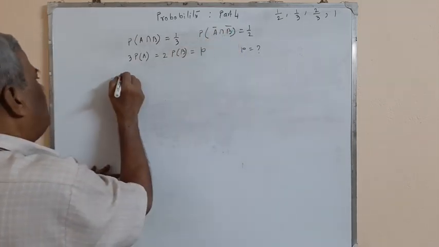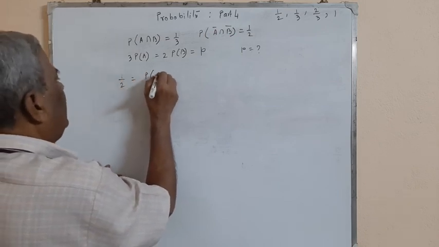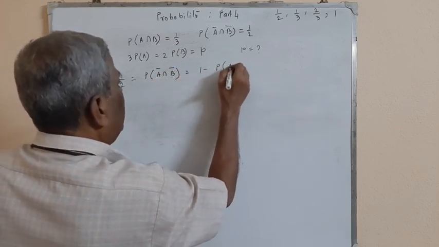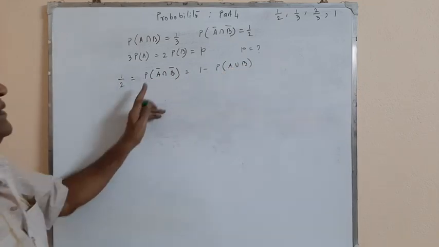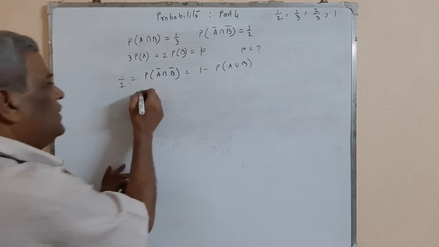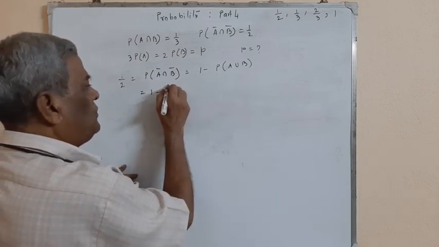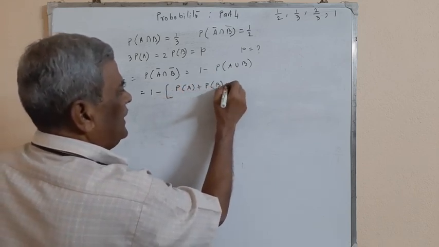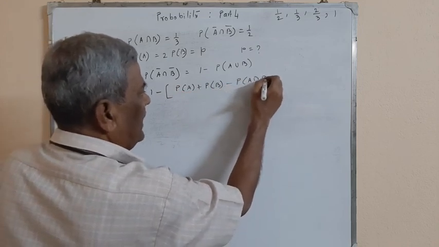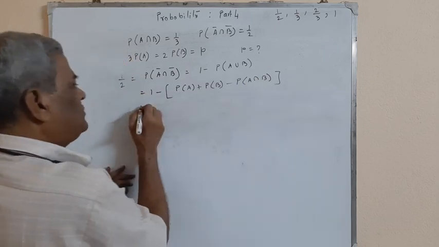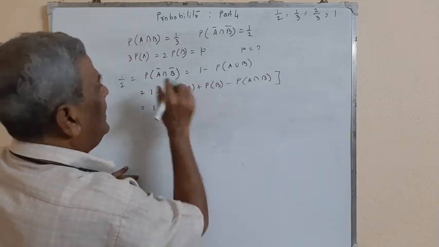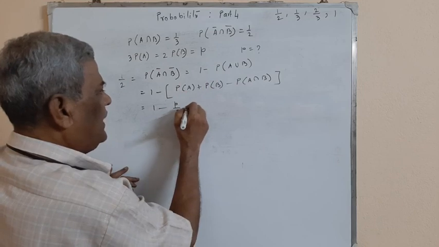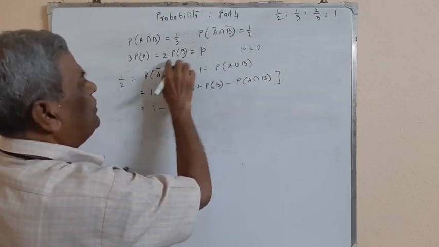From this information, half is equal to probability of A bar meet B bar, which is equal to 1 minus probability of A union B. Well-known formula: it is equal to 1 minus PA plus PB minus P of A meet B. Now, everything is known in terms of P. It is equal to 1 minus PA, PA is equal to P by 3, minus PB, PB is equal to P by 2.